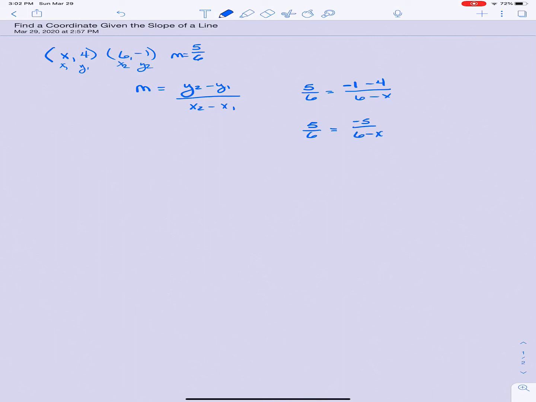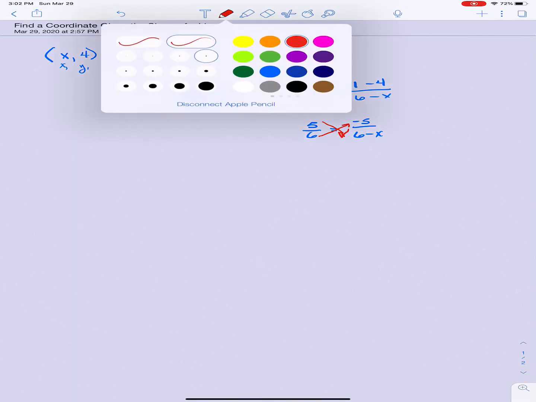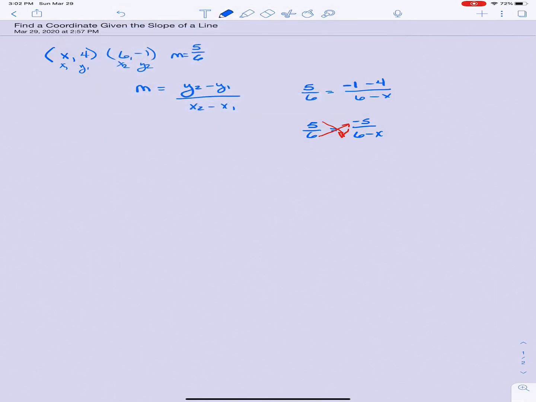So now you're going to use the cross product property, which says that you can multiply this and then you can solve that equation. So 5 times 6 minus x equals 6 times negative 5, which gives me negative 30.